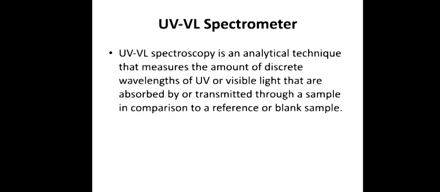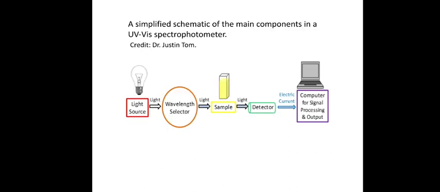You need a reference. So here is the construction, a simplified schematic representation of the UV-Vis spectrophotometer. There will be a light source. This can be UV or visible, so two different sources of light are going to be used.